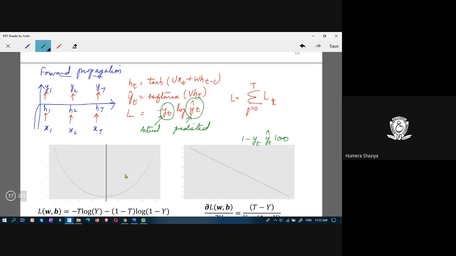You do this for 1, 2, 3, up to 100, and then you take the summation. If t is 100, you start with 0 and compute up to 99. This is Lt for each one.